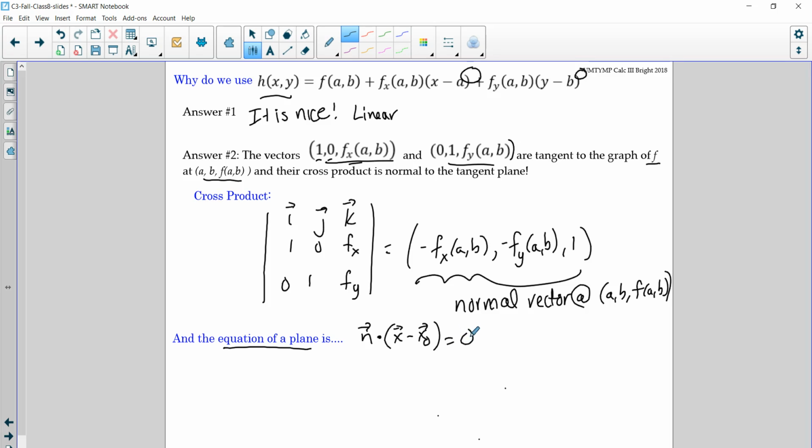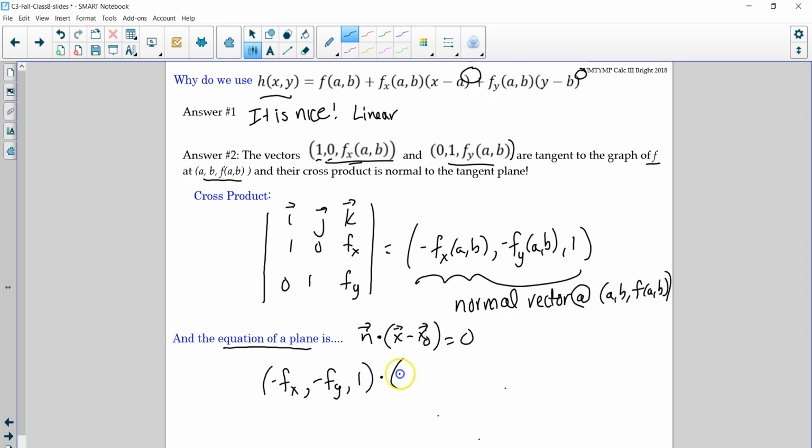Okay, so then I can say, well, I'm going to use the normal vector from above, so I can write this as negative f sub x, and I'm going to omit the (a, b) for the time being, negative f sub y, and 1.